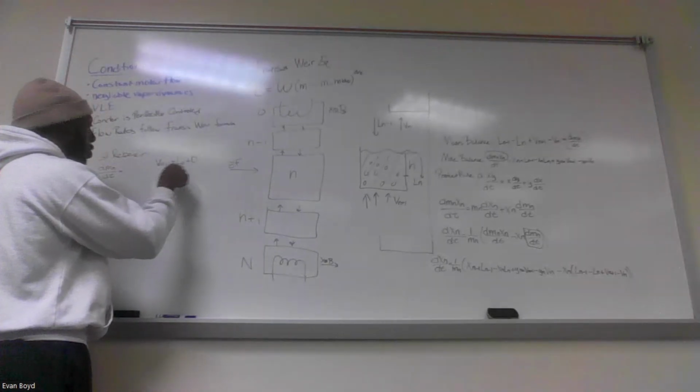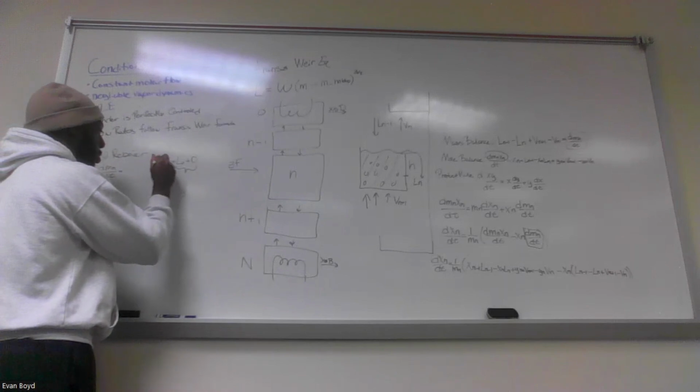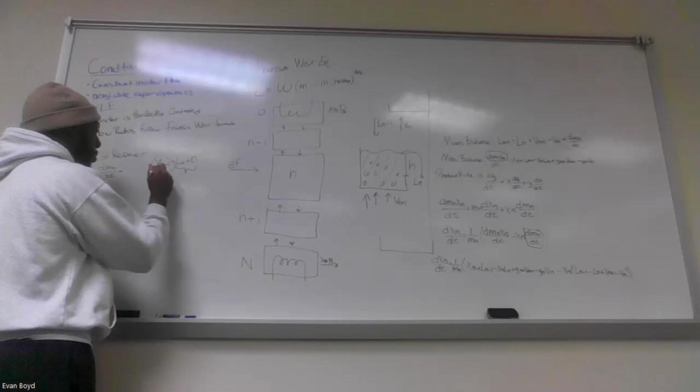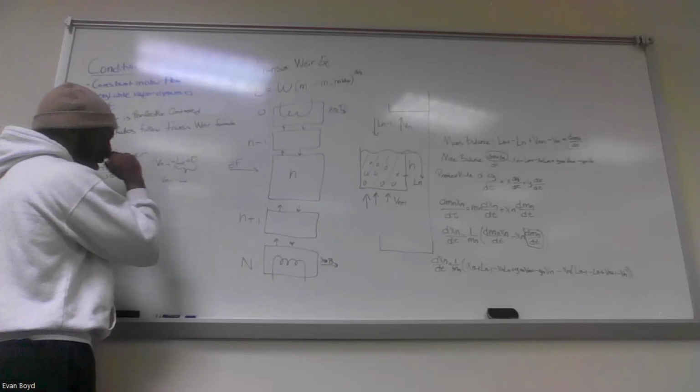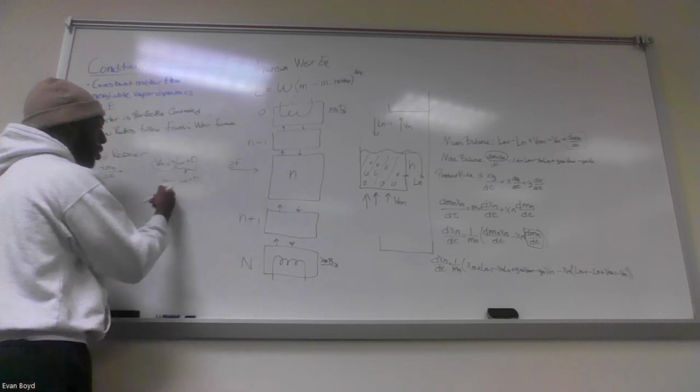The sum of these two is really just equal to this. So Vn minus 1 minus L, the vapor coming in minus the liquid at the stage, plus the distillate, is equal to our vapor flow.